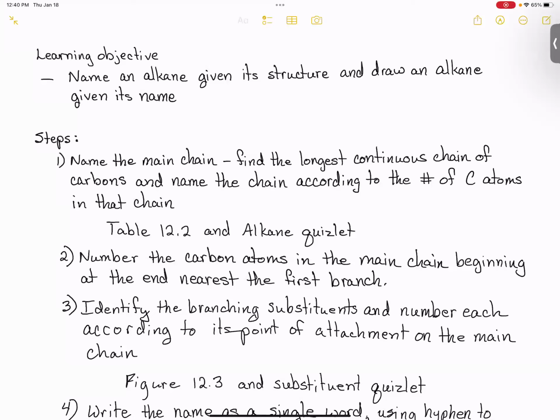For a complete list of the alkanes that we will be using, look at table 12.2 in your textbook, or you can study the alkane Quizlet. Once we find the main chain, we then number the carbon atoms in the main chain, beginning at the end nearest the first branch.